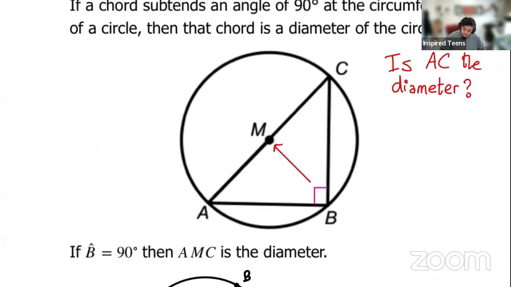Also, just remember, any angle subtended by a diameter is 90. So that angle is 90. What happens if I subtend a different angle? This one is also 90. What happens if I subtend a third angle?